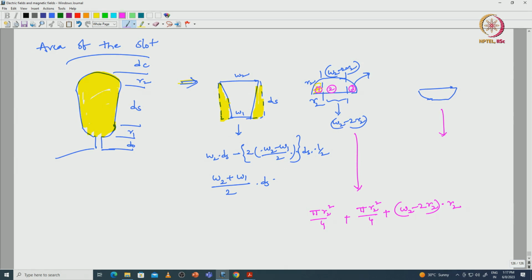Similarly, third case also, from here to here R1 and here also R1, this region consider it as a rectangle, okay, and calculate the area.